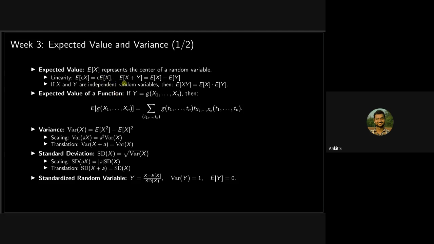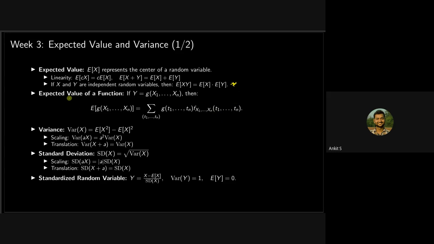So this was linearity. And one very important property, in my opinion: if x and y are independent random variables, then the expected value of the product of the random variables is equal to the product of the expected values. So this is very important, I would say.